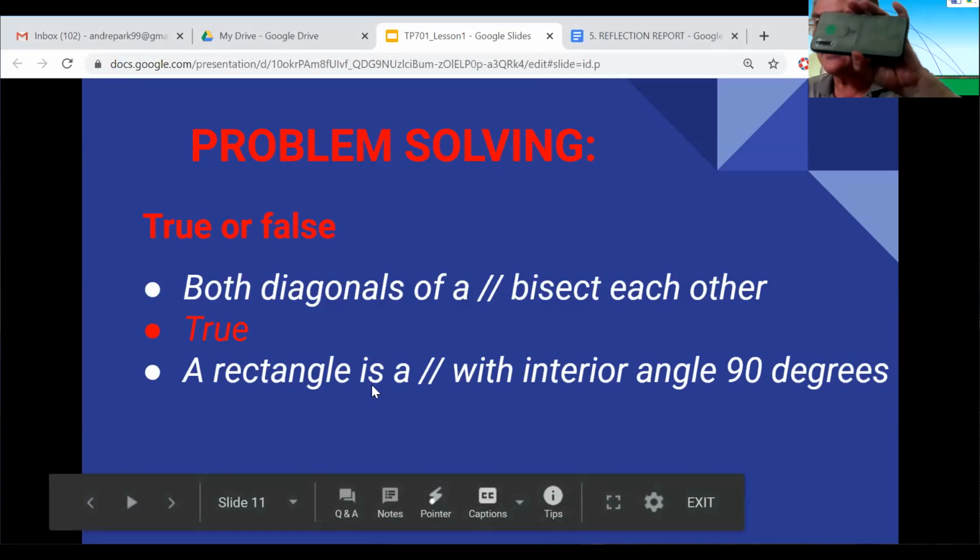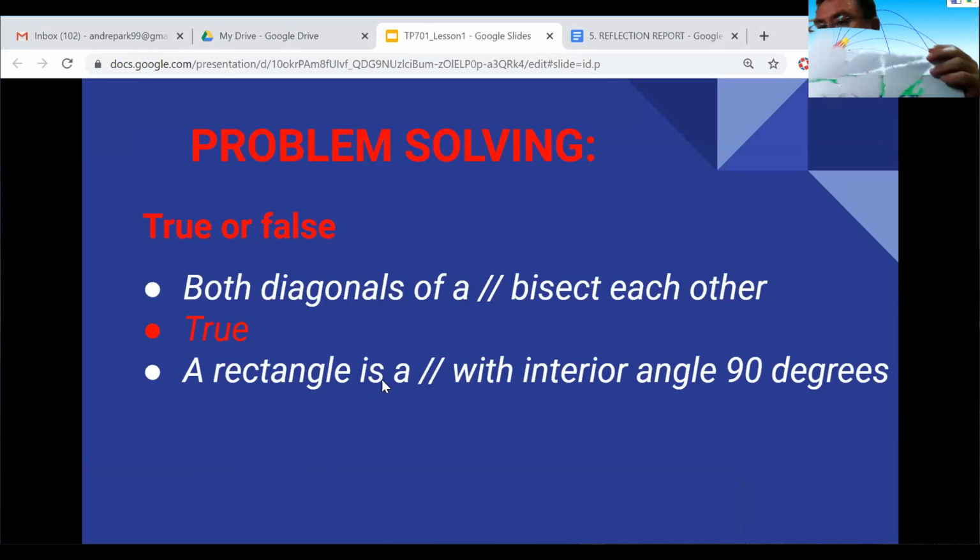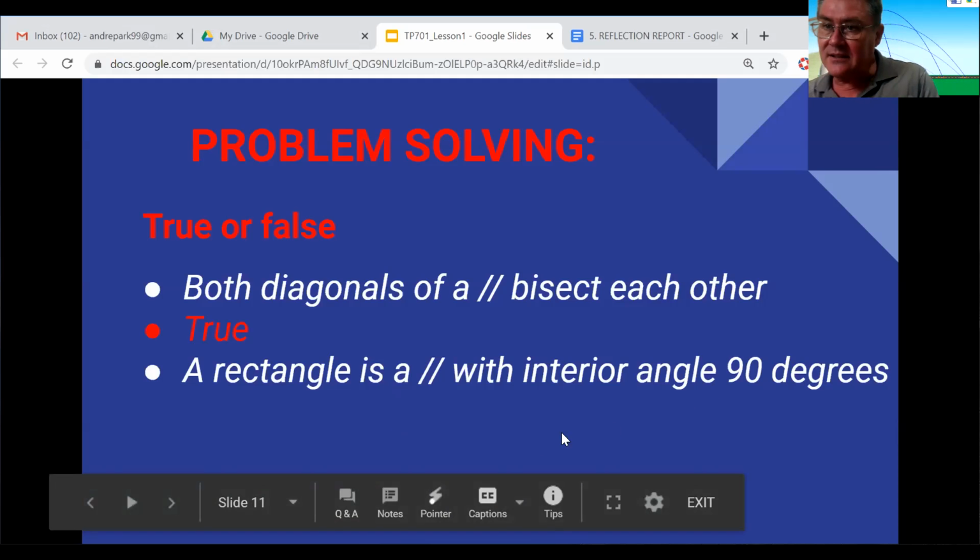A rectangle is a parallelogram with one interior angle 90 degrees. True or false? Yes, I know you say it's false because more than one angle is 90 degrees, but if one angle is 90 degrees, is this rectangle a parallelogram? And the answer is yes, true, excellent. Next question.